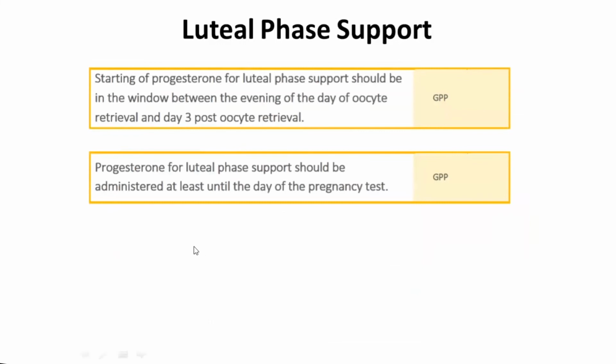Progesterone should be started in the window between the evening of the day of oocyte retrieval and day 3. The current practice recommends starting the progesterone supplementation either on the day of oocyte retrieval or on the next day, no later than this, and it should be continued until the pregnancy test.